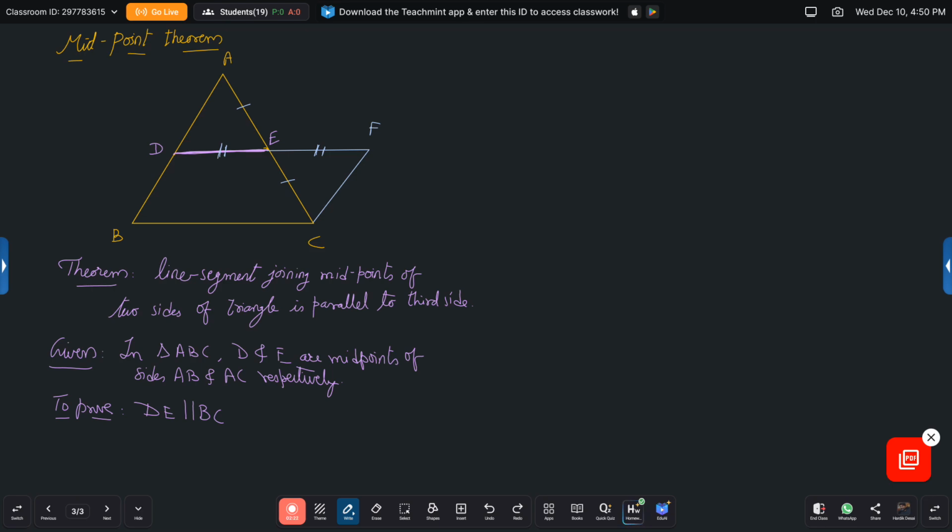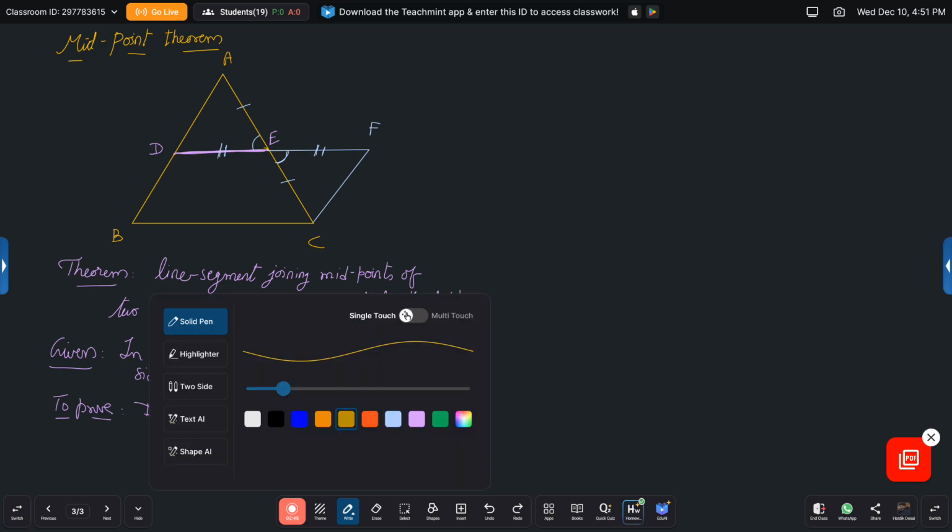And for the third side, we do not have any information about AD and CF. But we have this information: these two angles are vertically opposite. So for these two triangles, triangle AED and CEF, by side, angle, side, these two triangles are congruent.